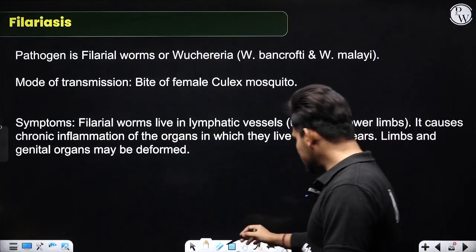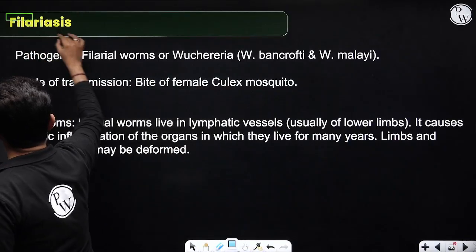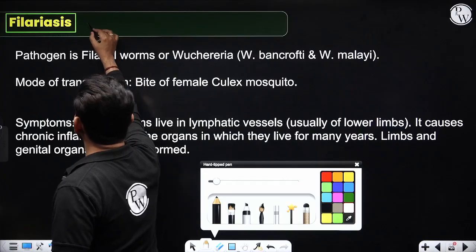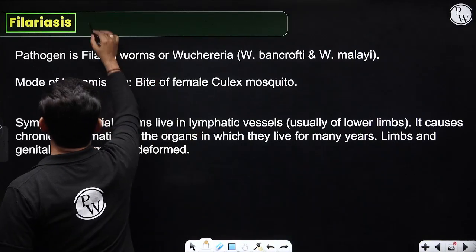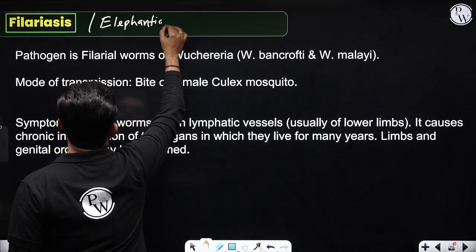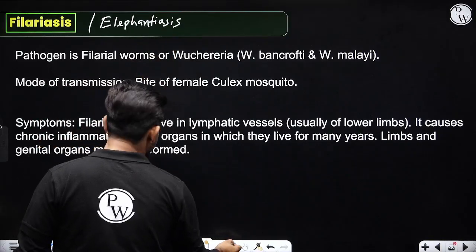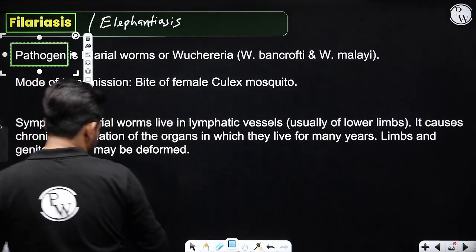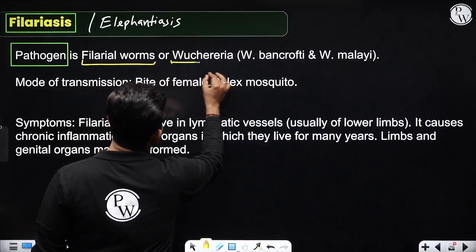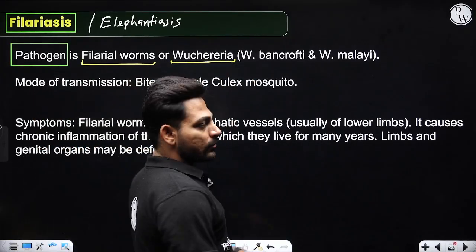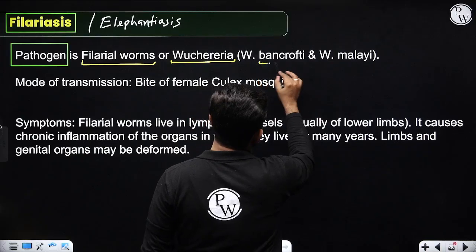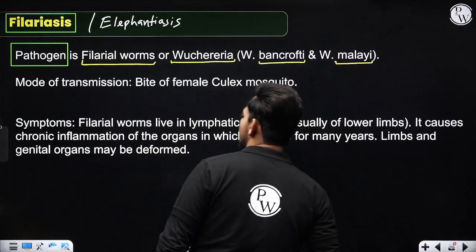Okay. Another helminth disease is caused by the filarial worm, called filariasis. The name of the disease is also elephantiasis. Okay. Now who is responsible? The pathogen for this particular disease is the filarial worm, Wuchereria. The very common species of Wuchereria are Wuchereria bancrofti and Wuchereria malayi.